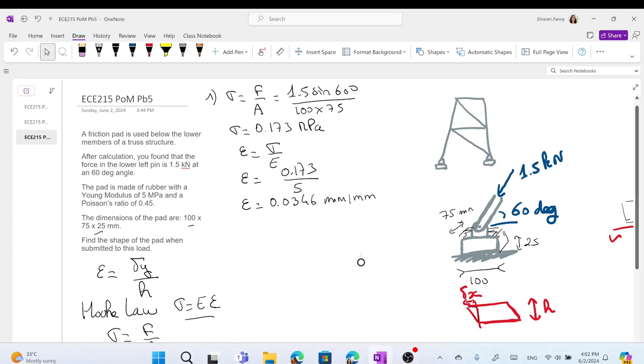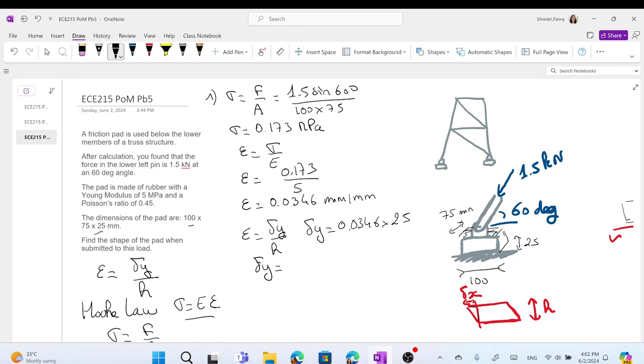Okay, so we can find the delta y because we know that epsilon equals delta y divided by h. So delta y equals 0.0346 times the original h, which was 25. The delta y is very small, 0.87 millimeter.